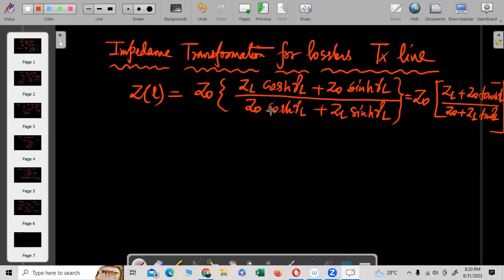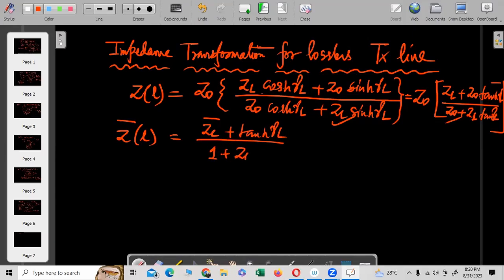So don't get confused. You can write in this form or in this form also. Now what is ZL bar? That also, I told, should be normalized with respect to Z naught. So it will be ZL bar. Can I write in this form? ZL bar plus tanh gamma L, over 1 plus ZL bar tanh gamma L. It is coming like that.